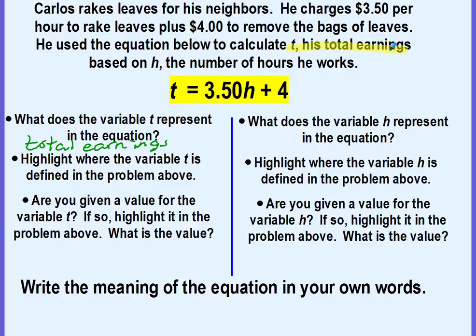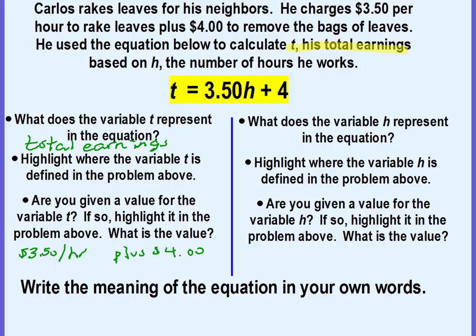Are we given a value for the variable T? Not a single value. We're not given a single value, but we do know that he charges $3.50 per hour plus $4 to remove the bags.